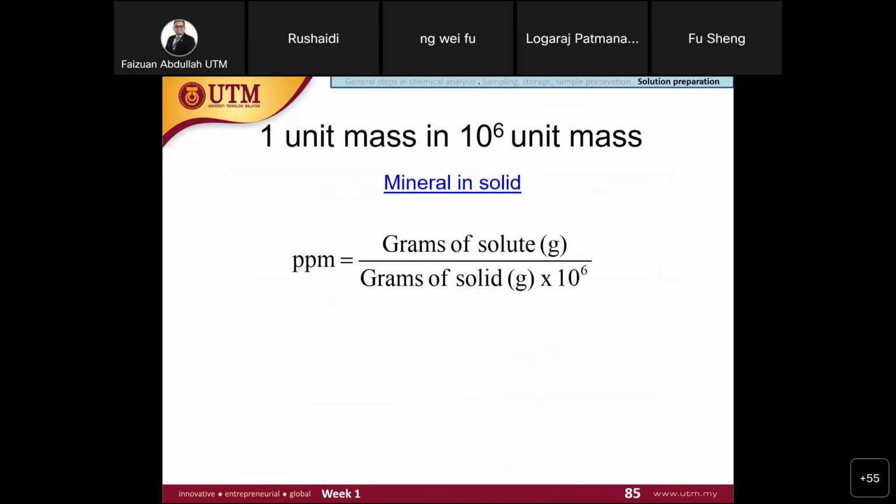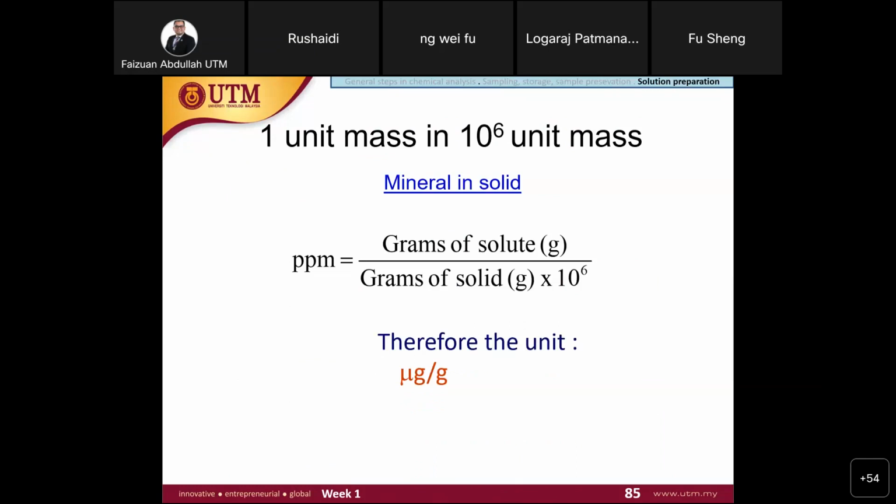So gram of solute divided by gram of solid, times 10 to the power of 6, that is ppm. Therefore the unit is microgram per gram. Until this part, do you understand why 1 ppm equals 1 microgram per gram?